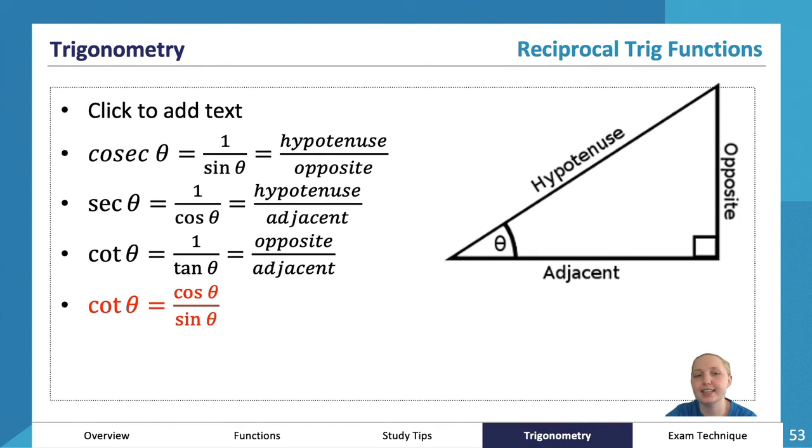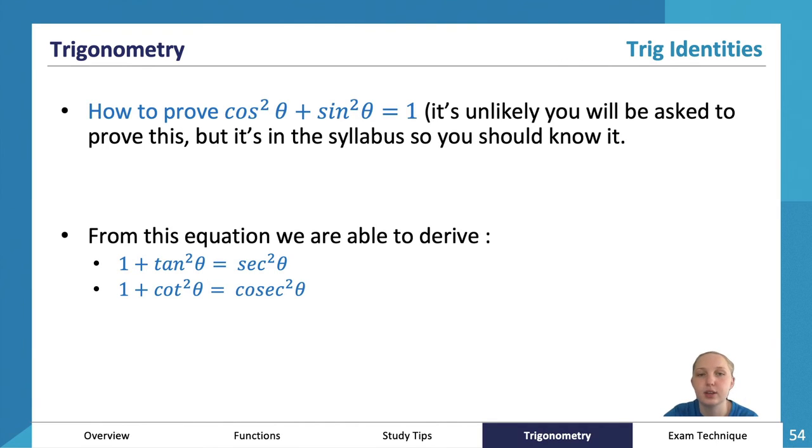So just knowing that they exist, and when you see them in questions, recognizing that cosec is the reciprocal of sine, sec is the reciprocal of cos, and cot is the reciprocal of tan. It's pretty much all you need to remember. And then from there, if you know that cosec is the reciprocal of sine, you know it's going to be hypotenuse over the opposite, and then the same for each of the following ones.